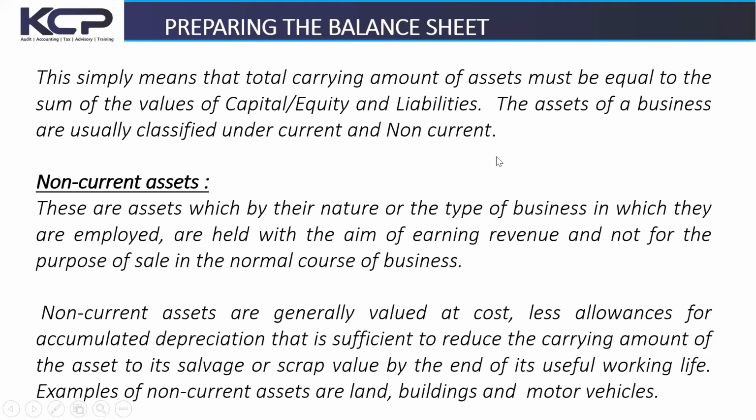You cannot prepare a very sound financial statement if you don't know the various classes of non-current assets and the applicable standards. So let's identify some of the components of non-current assets we could likely have and the provisions of the accounting standards in relation to them.